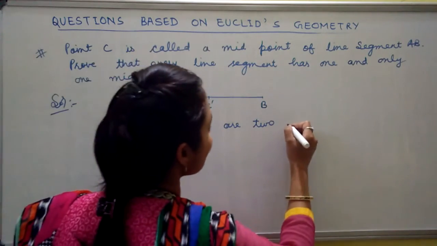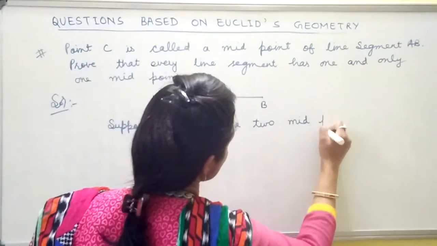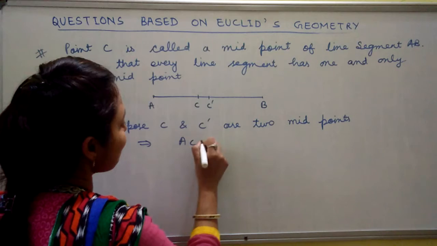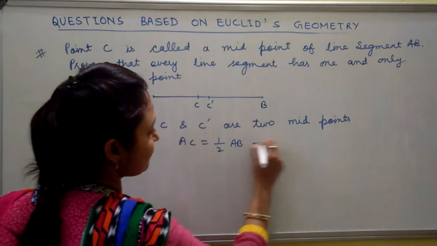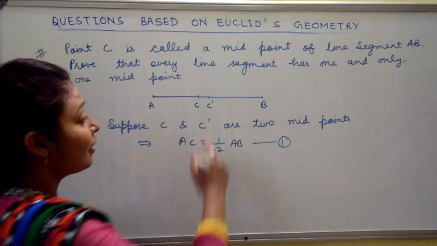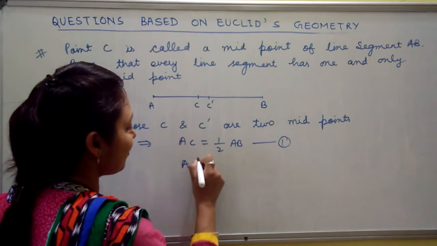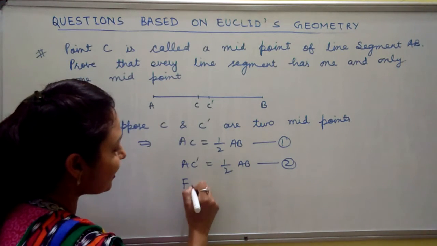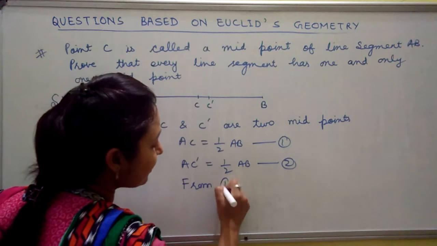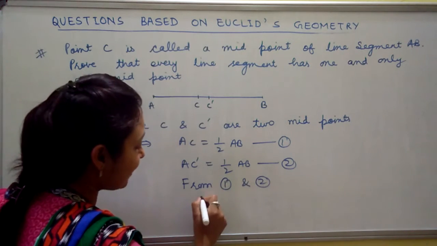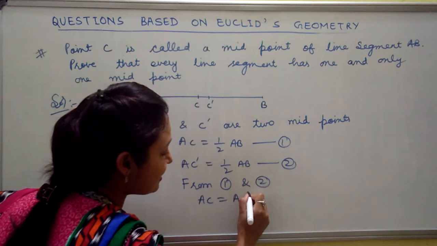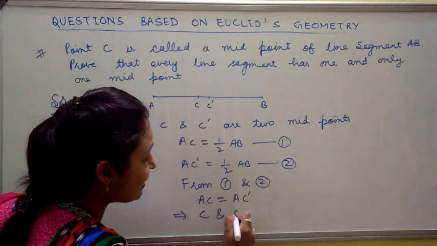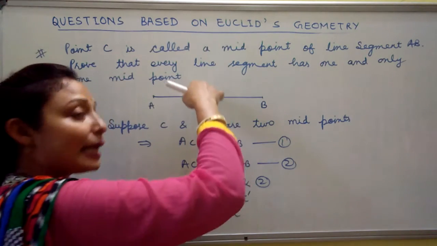Therefore AC equals half of AB. This is equation number 1. If AC dash is also the midpoint, AC dash is half of AB. This is equation number 2. From 1 and 2, AC equals AC dash. This implies C and C dash are at the same place.